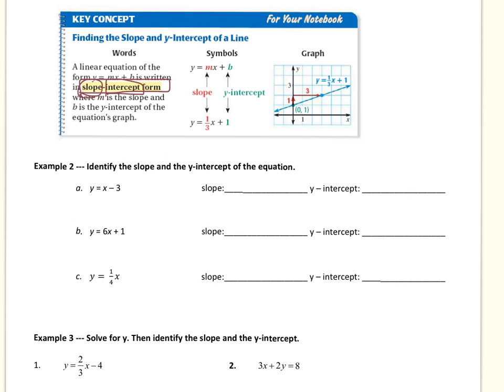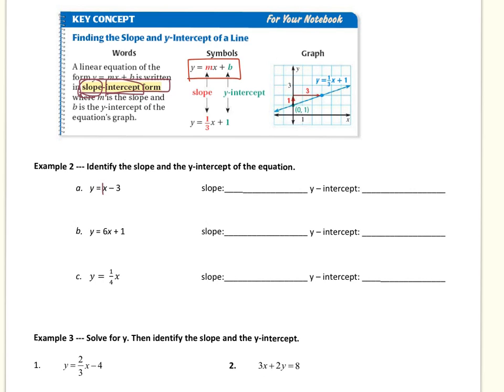Just like we have over here with the equation y equals mx plus b, you're listing your slope and then your y-intercept. So example 2, identify the slope and y-intercept of the equation. We're going to do example A, and then you're going to try B and C on your own. What I find helpful to do is to put a 1 in front of that x.